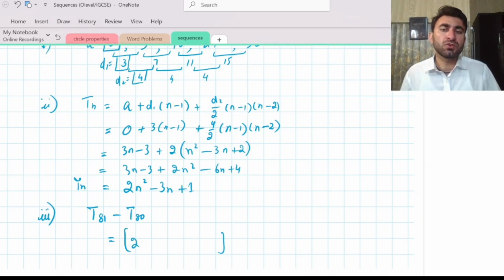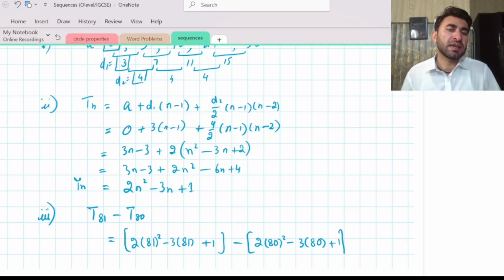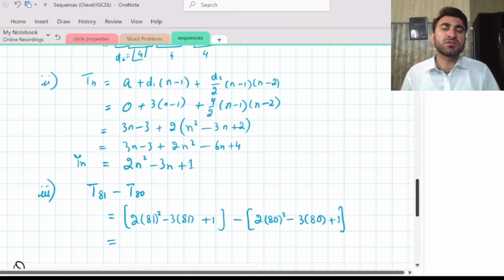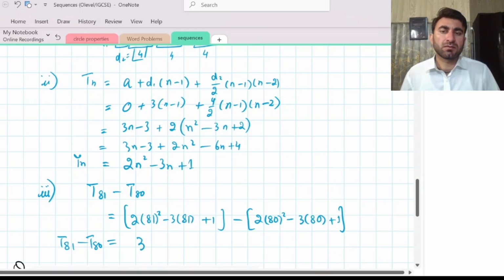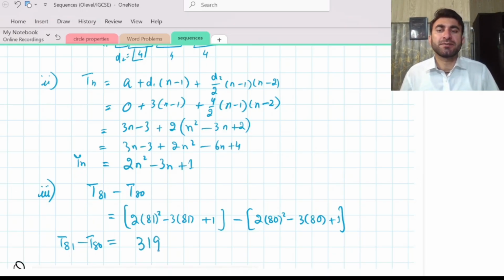So it becomes 2 times 81 square minus 3 times 81 plus 1, minus T80, which is 2 times 80 square minus 3 times 80 plus 1, and then we can find the answer by using a calculator. So T81 minus T80 equals 319. So 319 is the difference between the consecutive 81st and 80th terms.